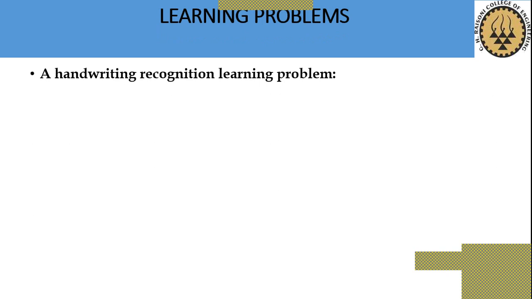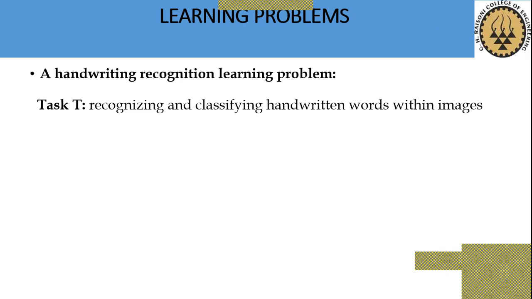Let us consider one example and try to explain it using the formula. There is a problem of handwriting recognition. What is the task? My task is to recognize and classify handwritten words within an image. You will get an image, and from that image you have to recognize and classify the handwritten words that were written by the writer.